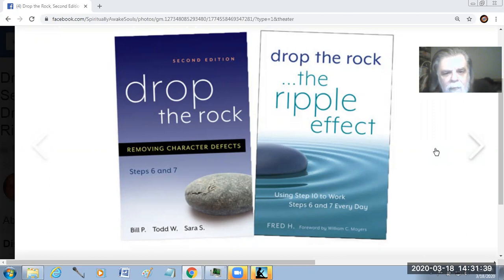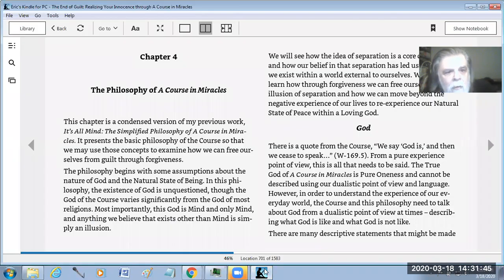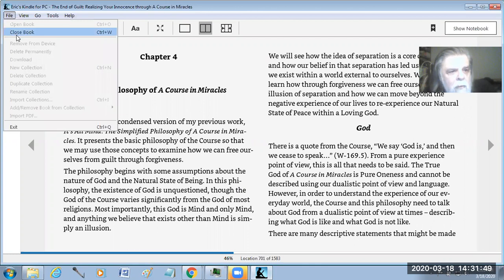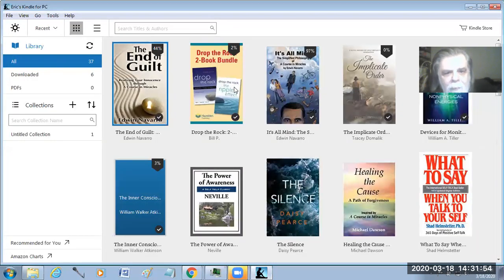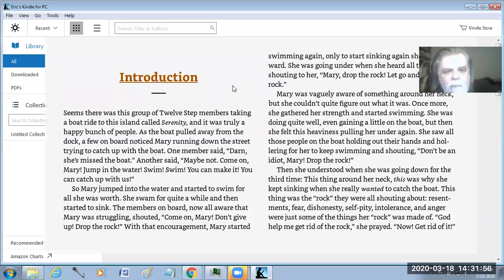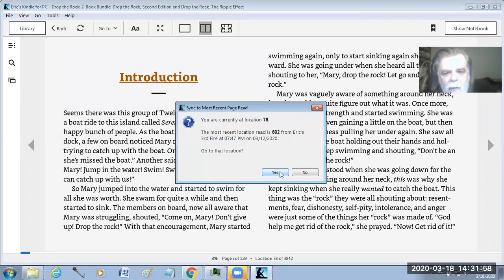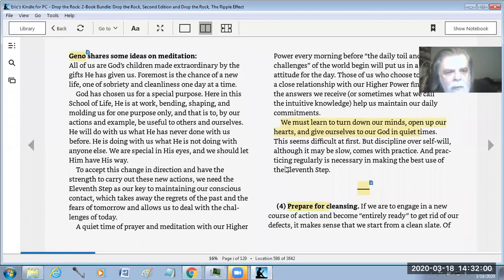And so what I want to do is load up here on, this is the wrong book. Load up here on my Kindle the right book. Here we are, Drop the Rock. I know that you had a chance to look at the introduction, I think, right?